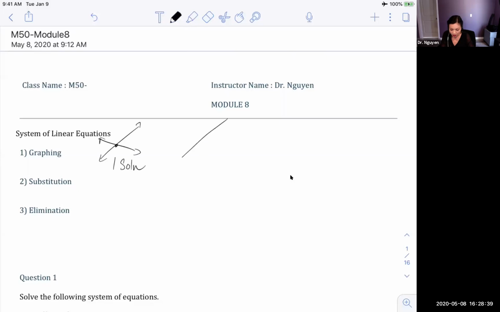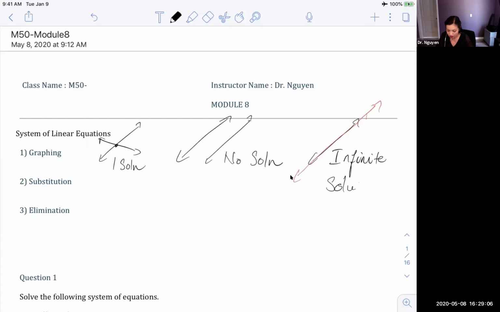Now, if you have two parallel lines, that means you have no solution. And then the third case, you have one straight line and another one exactly like it. So this one has infinitely many solutions. Right? So we have three cases.